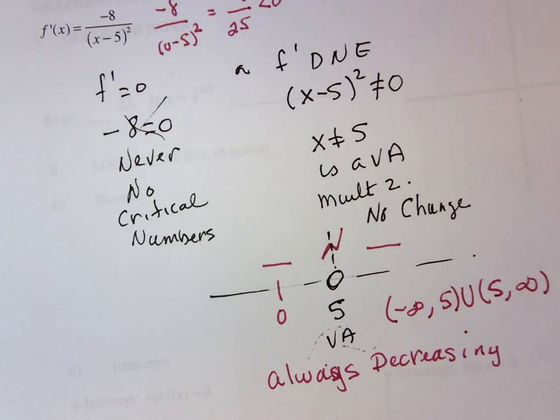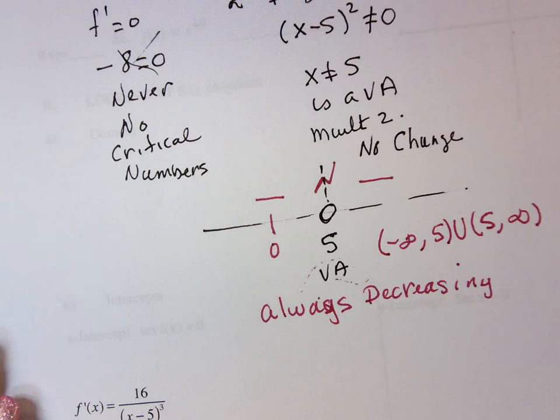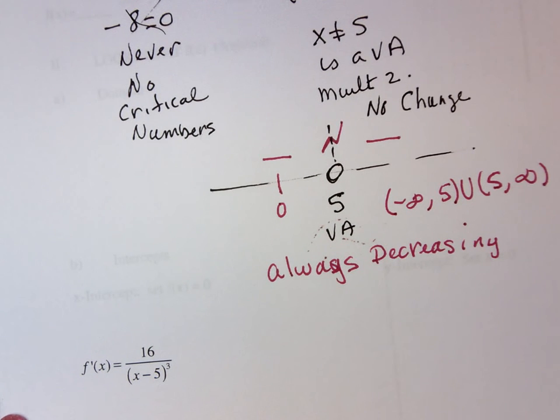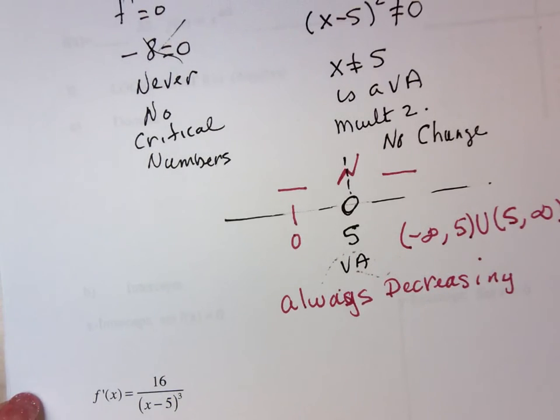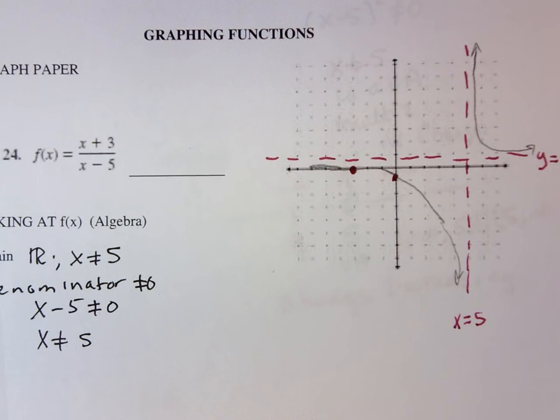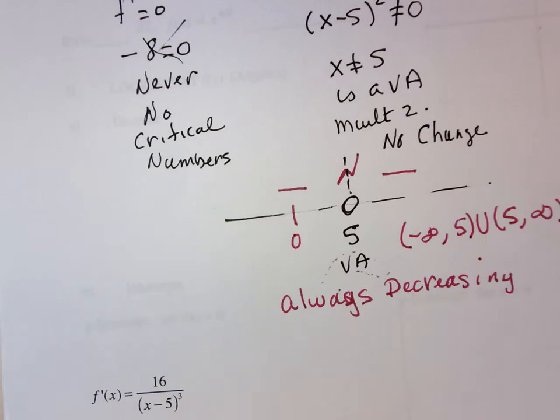But that's a good question, one I hadn't thought of. I thought of all kinds of interesting things, but that's not one of them. So now we've got the fact that he's always decreasing. And if I go back to my original problem, notice he is always decreasing, the graph we drew using algebra.